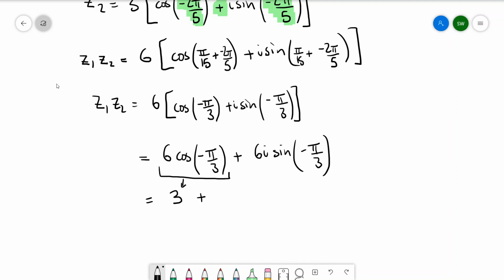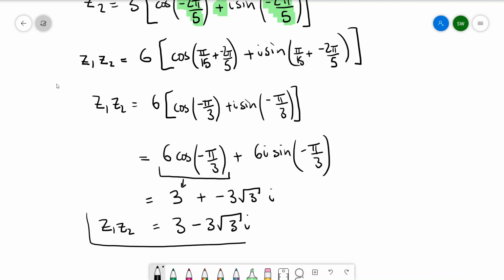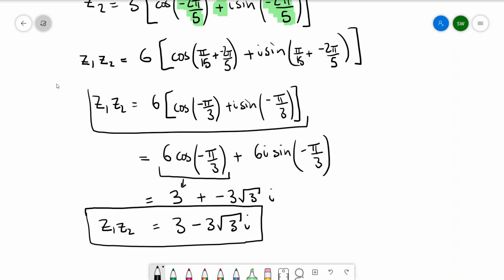And then if we do 6 times sine of minus pi over 3, we get minus 3 root 3. So we've got minus 3 root 3 i. So our complex number z1 times z2 can be written as 3 minus 3 root 3 i. So this is in real part plus imaginary part form, and this is in modulus argument form.